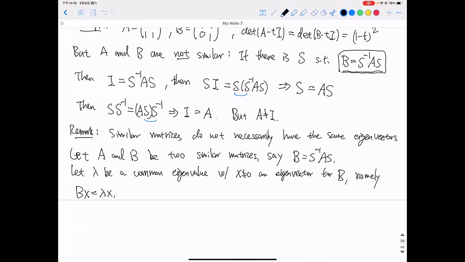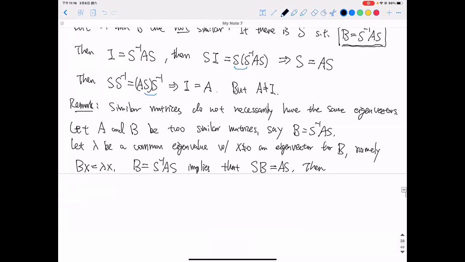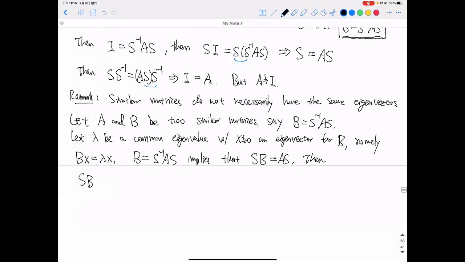Then what are we looking at? B equals S inverse AS implies that if you multiply by S from the left, you get SB equal to AS. Then SBX is equal to ASX, right?